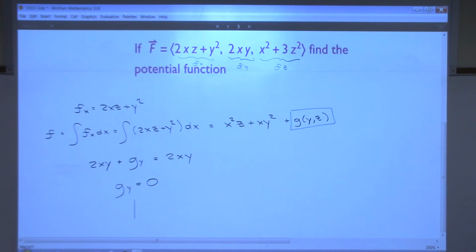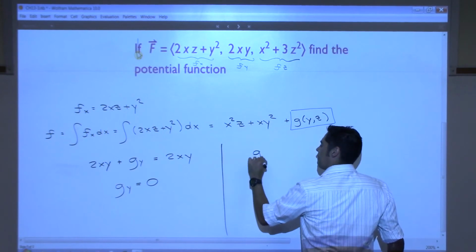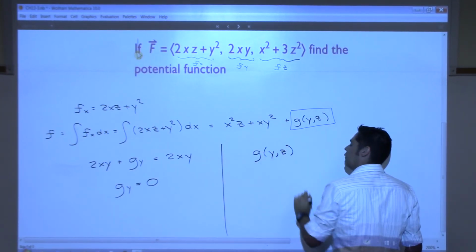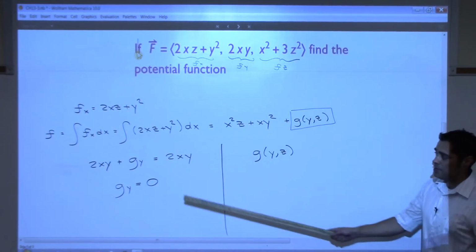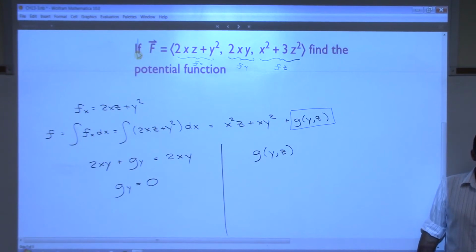Which means that g of yz, this is a tricky one, right? G of yz, this thing we're looking for, when I take its derivative with respect to y, I need 0, right? I could still have a z in there. Couldn't I?